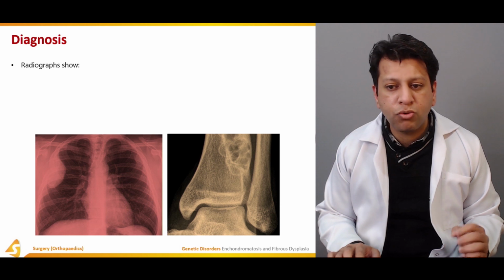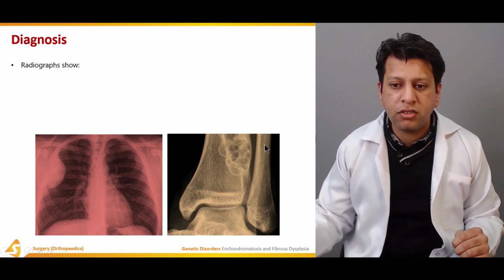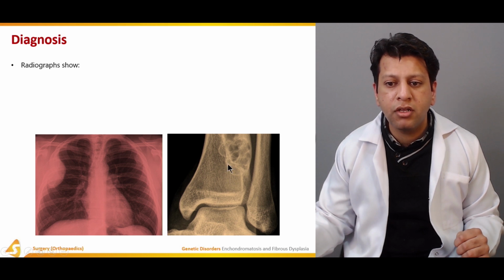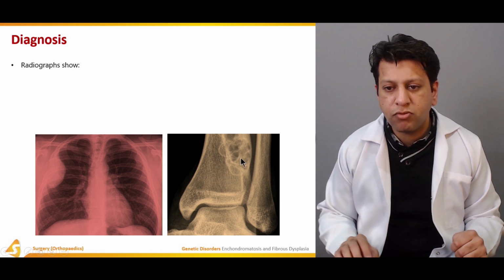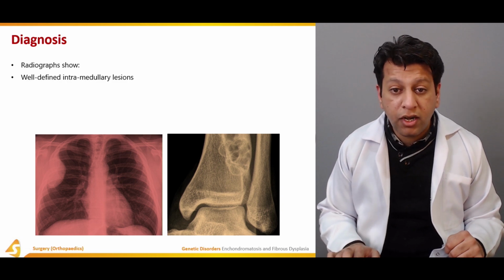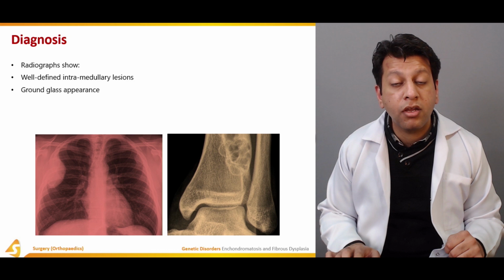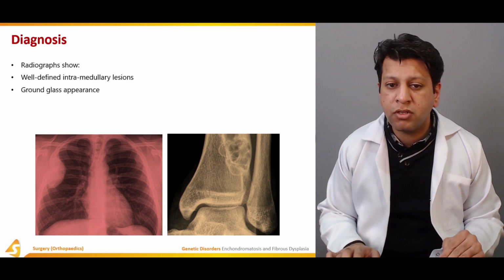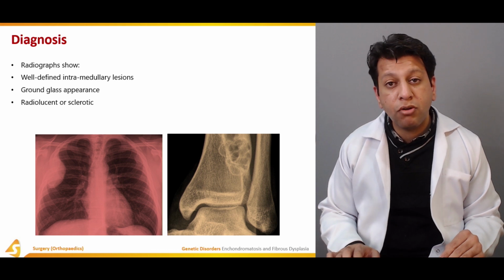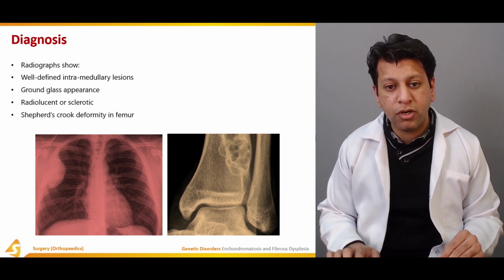Diagnosis is through radiographs. If you see over here, it's a lytic plus sclerotic bubbly-like lesion usually present in the metaphysis to diaphysis, which is usually classical fibrous dysplasia. It's usually a well-defined intramedullary lesion, and the most pathognomonic finding is the ground glass appearance. Then it may be radiolucent, that is lytic, or sclerotic.